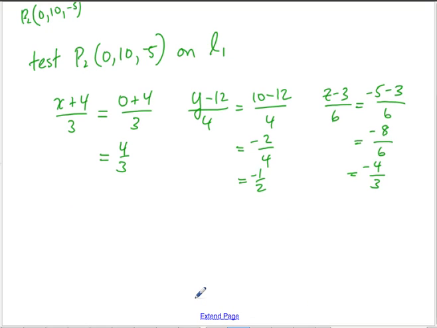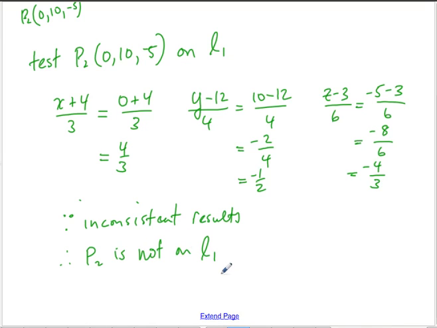And so since my results are inconsistent, what's my conclusion? Therefore, P2 is not on L1, therefore there is no solution.